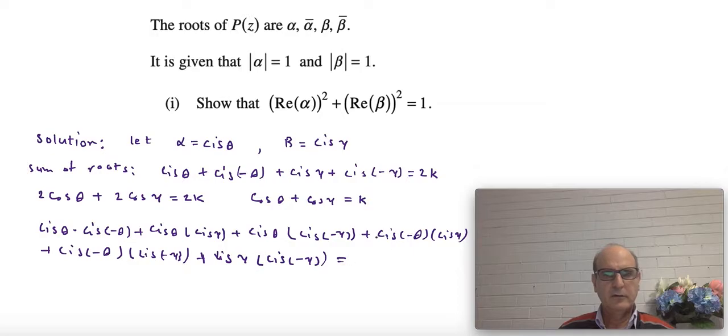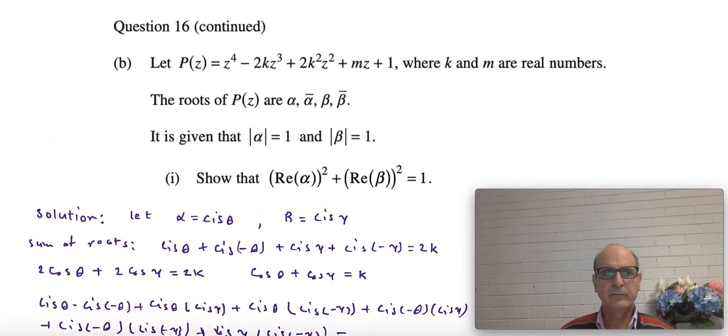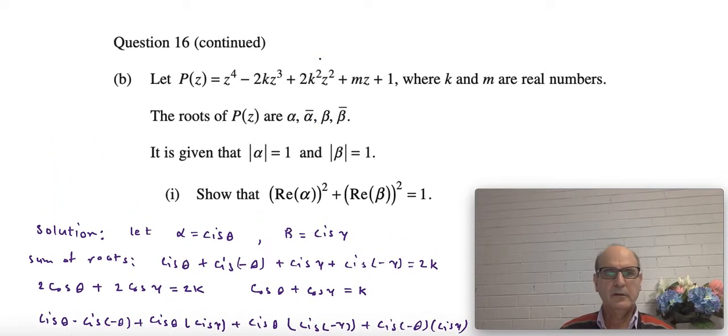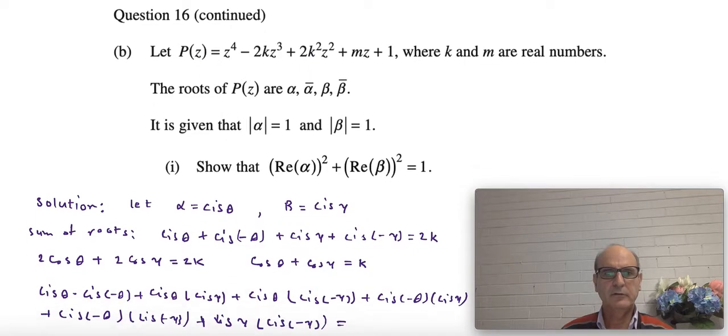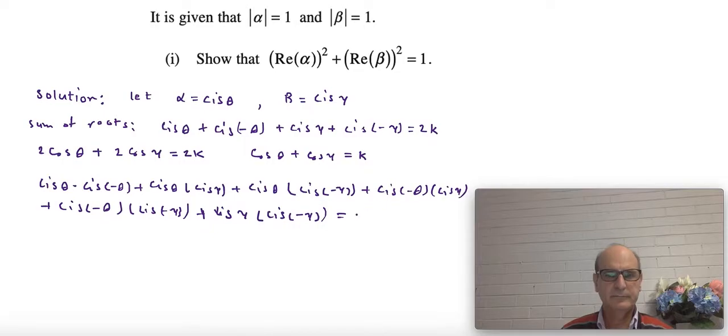Alright, these are all the combinations we get when we arrange two of the roots together. And that will be equal to this divided by 1. So we are going to have 2k squared.